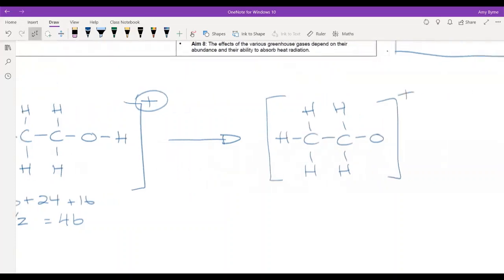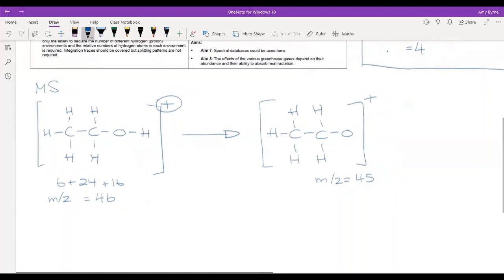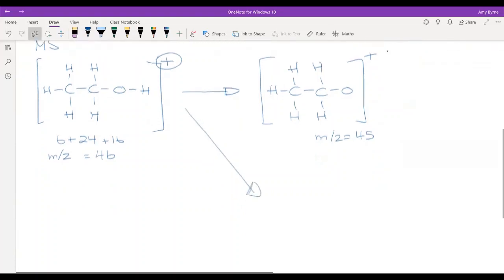So the mass to charge of this, it's lost only a proton, so the M to Z of this is going to be 45. I might lose the OH, where I would end up with this guy.